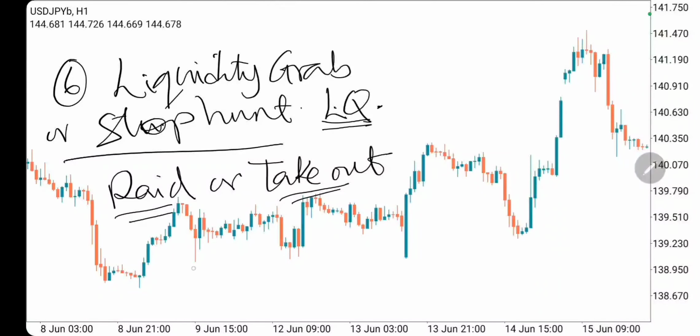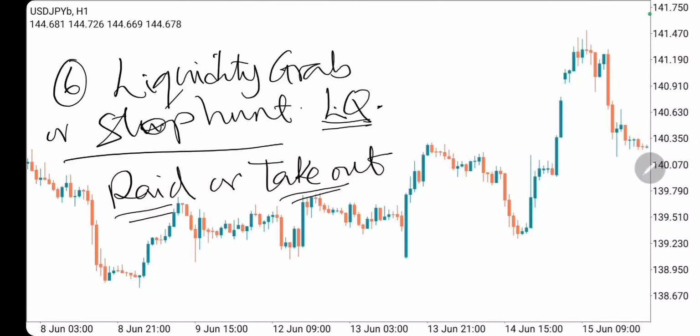They do this because they have more funds, they have more money. They trade the forex market with more money, and for this reason, they can determine the direction of a market. They pump more money into the market and take out the stop losses of retail traders.